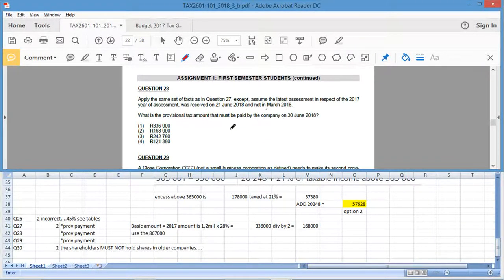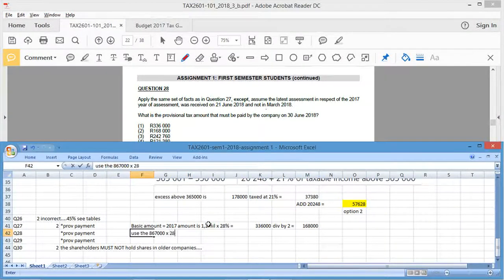This was question 28. It's not an SBC, so just multiply it by 28% again to get the tax. Alright, divide that by 2. And that gives me 2138.